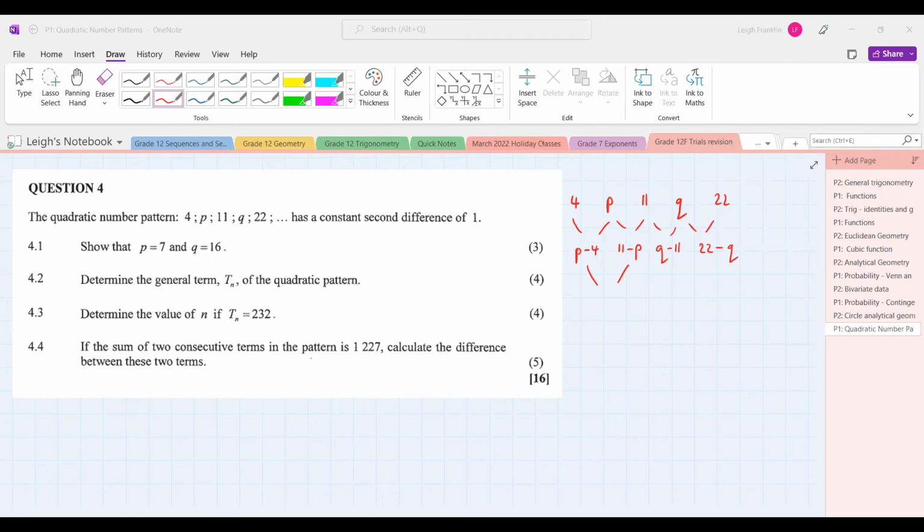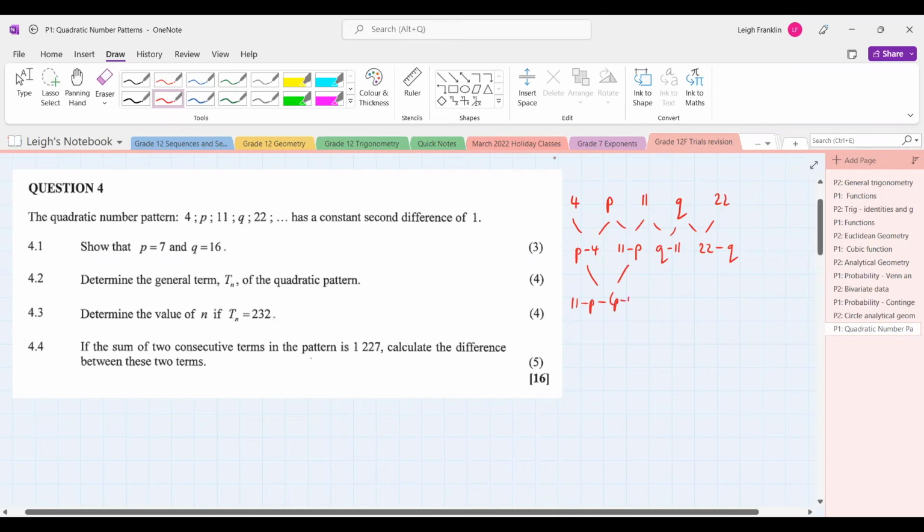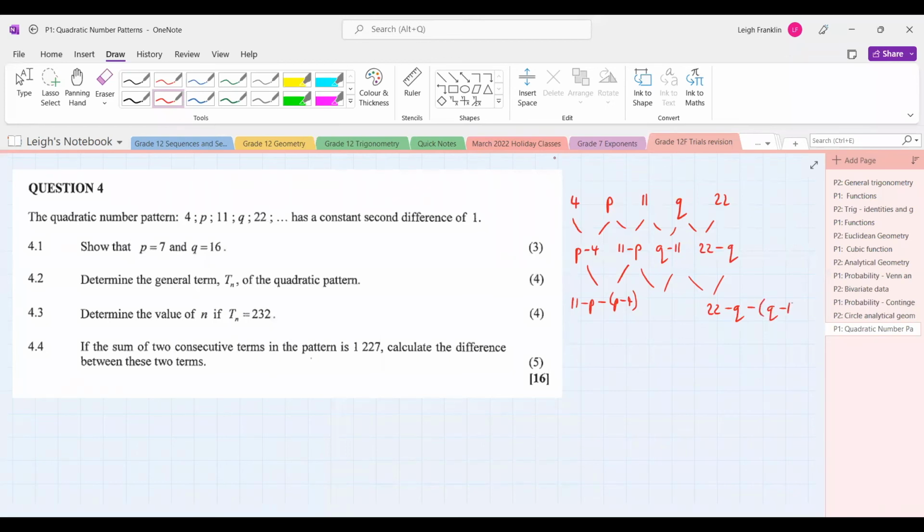Here we would end up having to say 11 minus P minus 4. And we'd have to do the same over there. So this would give us 22 minus Q minus 11.